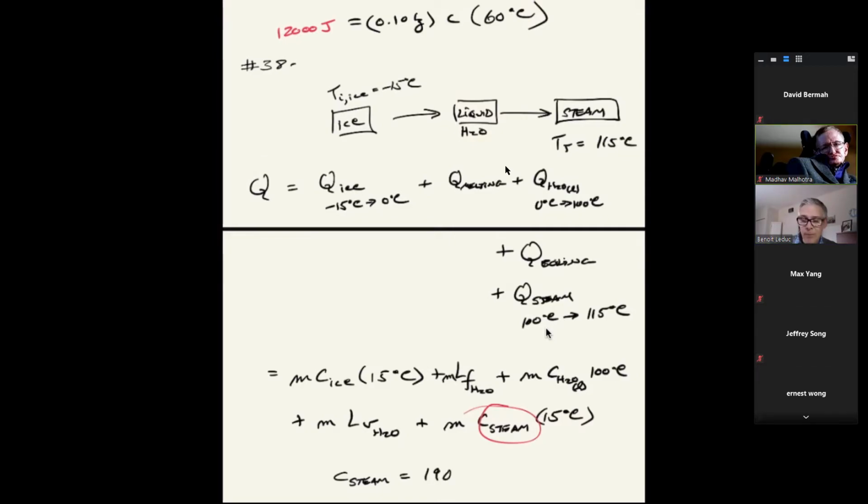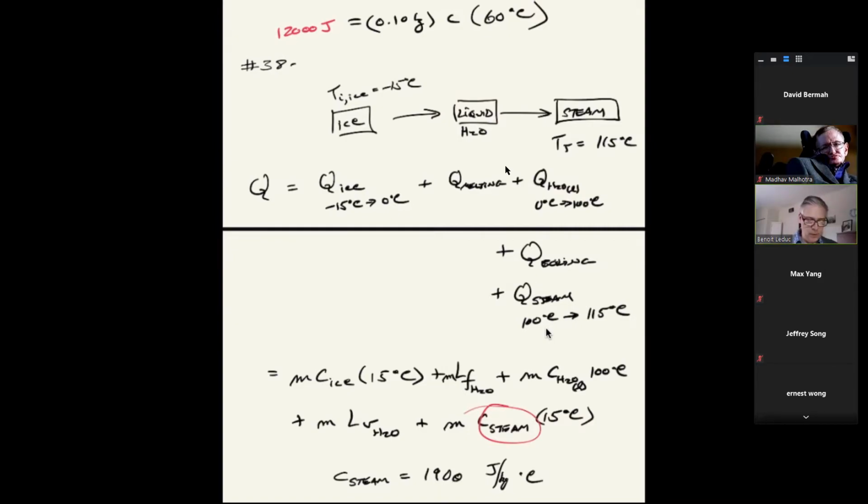Per gram or kilogram? Kilogram. So 1.9 kilojoules, something like that? Is that correct? Sorry, it's just 1.9. So use this.